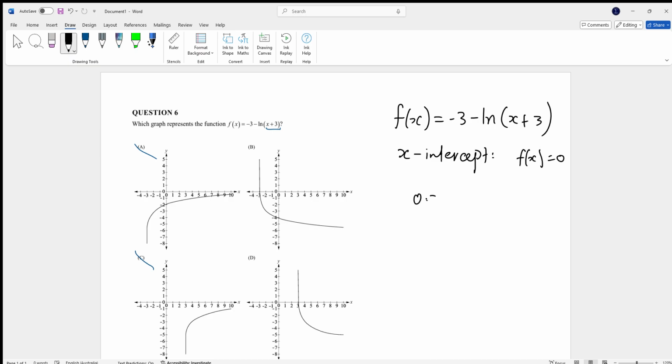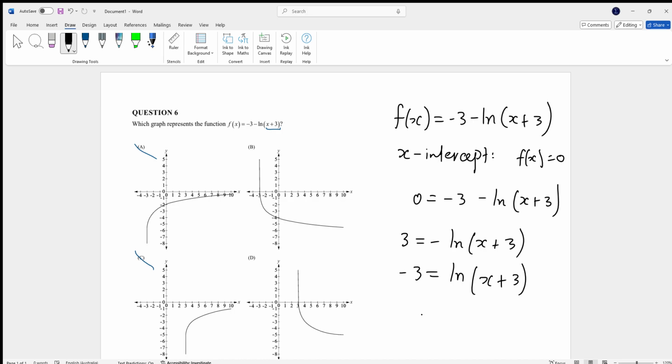So you have 0 equals -3 minus ln of x plus 3. What we're then going to do is move the 3 to the other side, so adding it. So 3 equals negative log of x plus 3. What you're going to do next is, quote unquote, divide both sides by -1. So -3 equals ln of x plus 3.